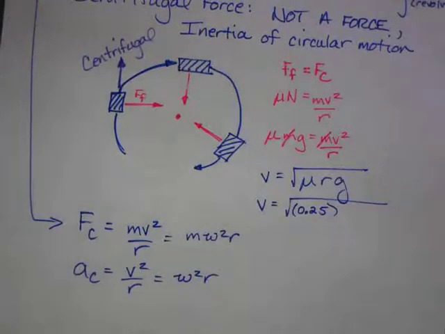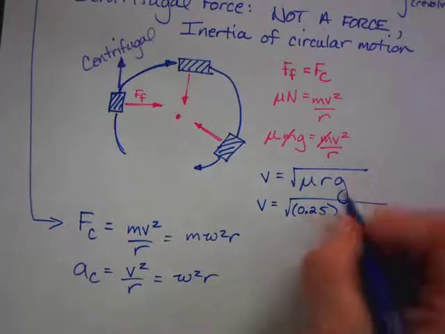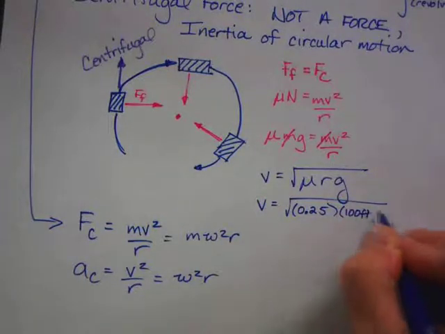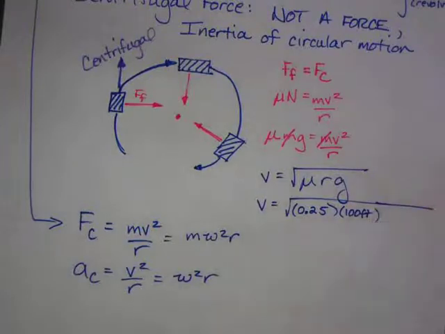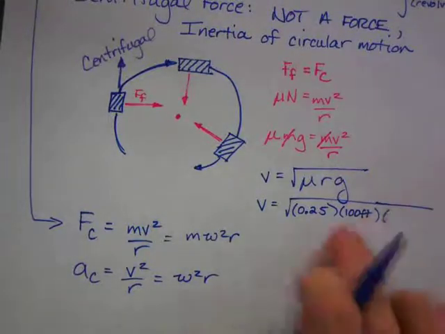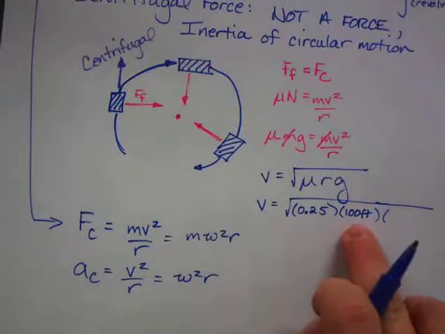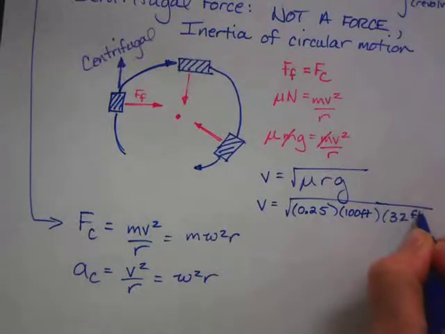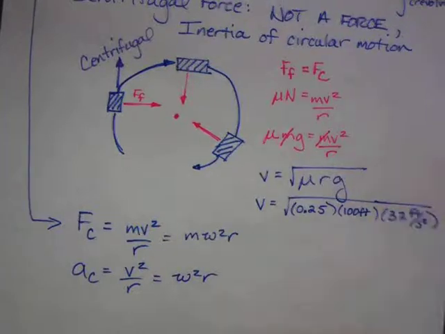On a dry road, mu is about, let's say, 0.25. That's pretty typical. Dry road, decent tread. Radius of the turn, let's say, is 100 feet. That's actually a pretty tight turn, to be honest, on a flat road.